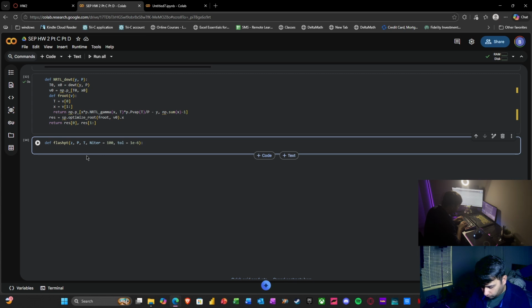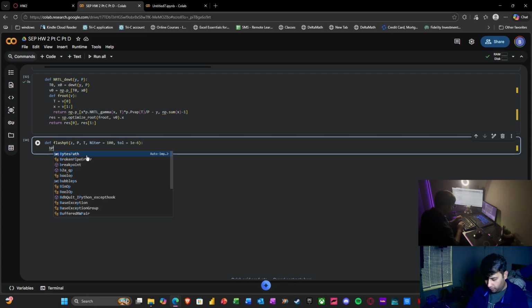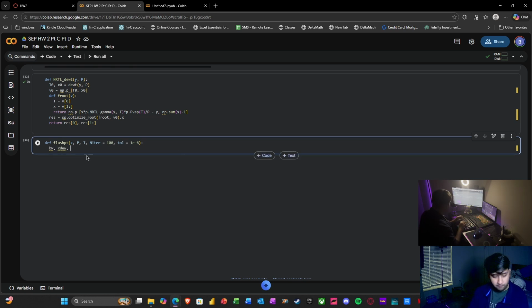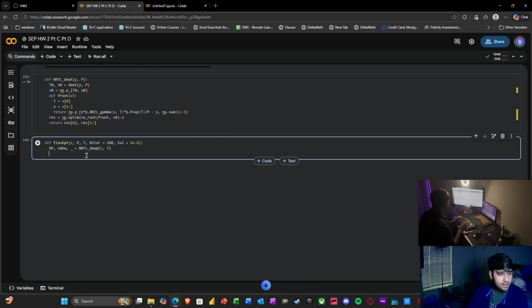Then we're going to have our X dew from NRTL dew pressure with respect to Z and T, and then our bubble Y, and we're going to make that with respect to bubble P with respect to Z and T.